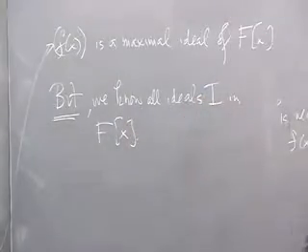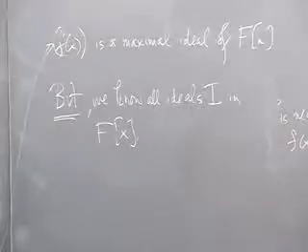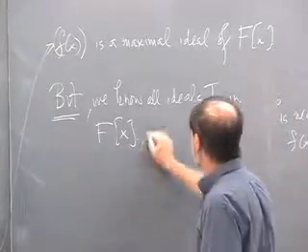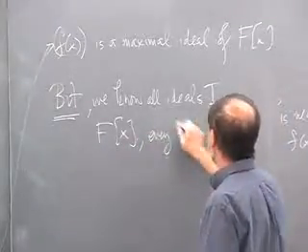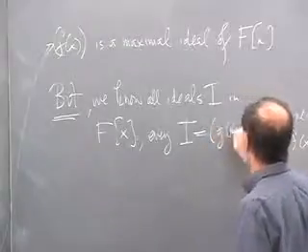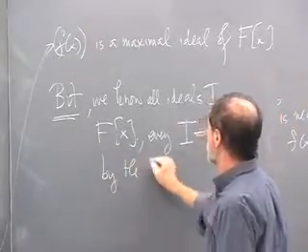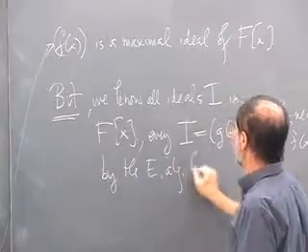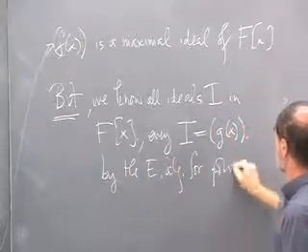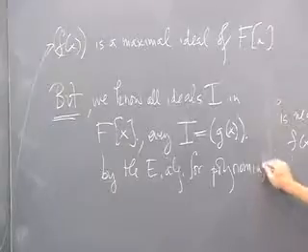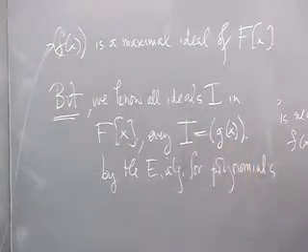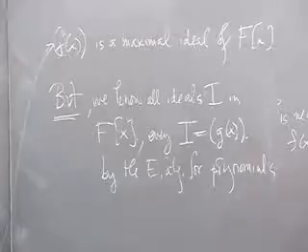We determine them just like we determine all the ideals of the integers. They're the ideals generated by multiples of fixed polynomials. Every ideal I is just multiples of some fixed polynomial, by the Euclidean algorithm for polynomials. And remember that this was the polynomial in I which had least degree.